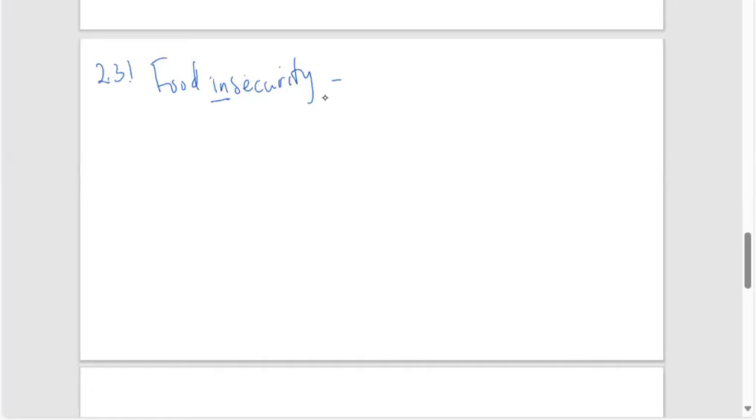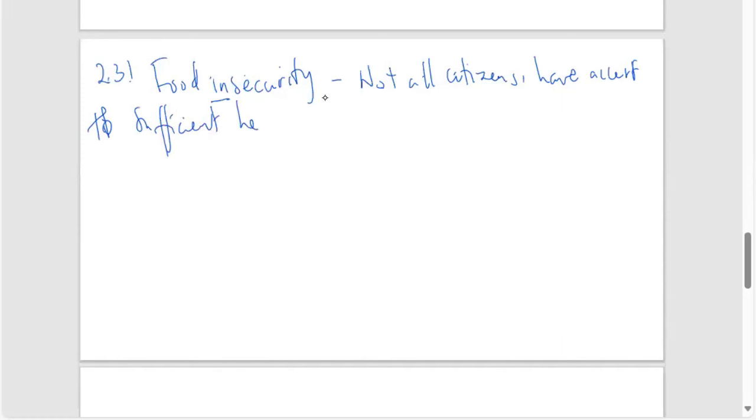When you are insecure, we are saying it's a situation when not all citizens have access to sufficient, healthy, and nutritious food.